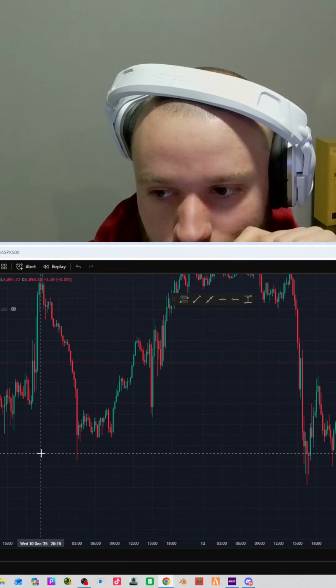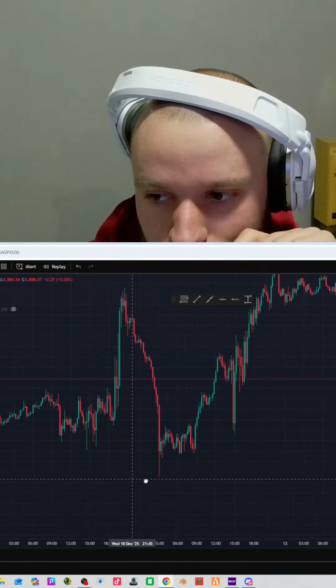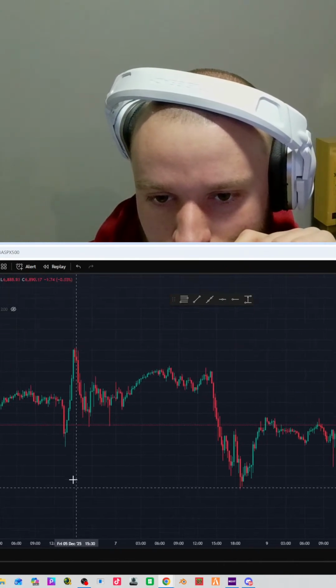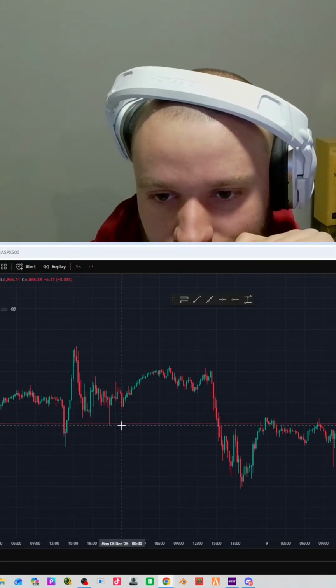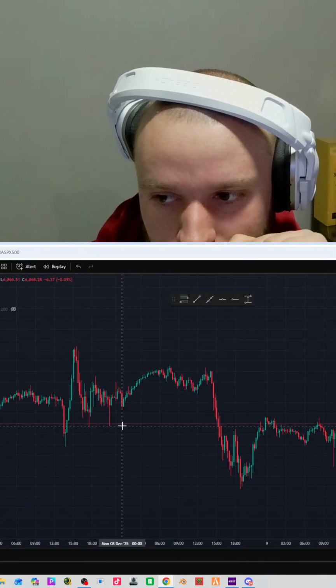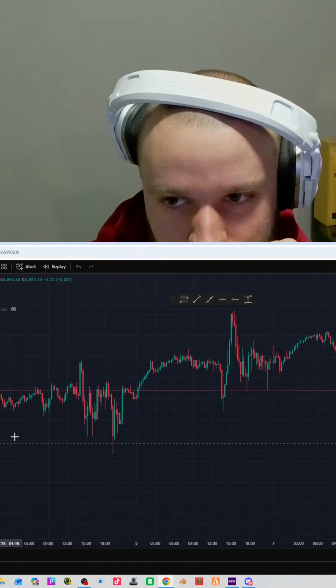Here's a fat candle wick. Here's a really fat candle wick too. It's not a good example though.